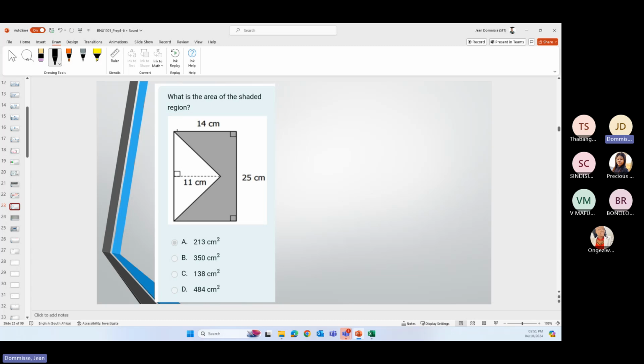So you can see again, we're looking at a shaded region. Very similar, we need to get the rectangle, then subtract the triangle, and in this instance we will then get the shape that is something like that.